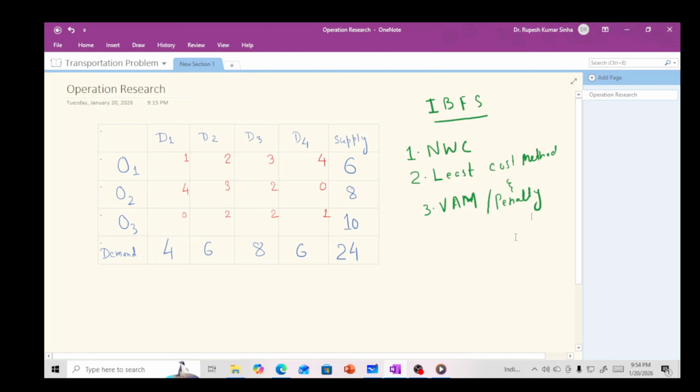So the first step is to get the initial basic feasible solution by any one of these methods, and once we have it, to get the optimal solution we go for the MODI method, which is known as modified distribution, or we can go for the stepping stone method.